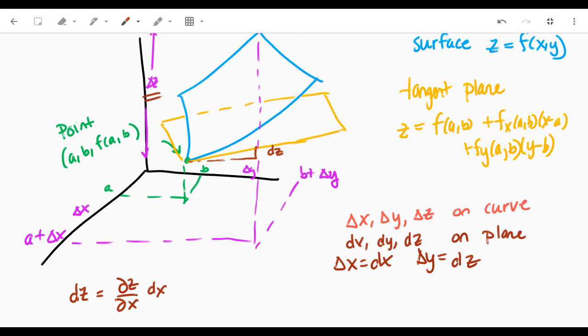We're moving in the x direction, and then we're going to move up z according to that partial derivative. And then we're going to take our step in the y direction and take that second step, and that will get our total change in z. Okay, again, think of a slope times the distance in the x direction plus a slope times the distance in the y direction. That's going to get our ultimate change in z. We can also write this.